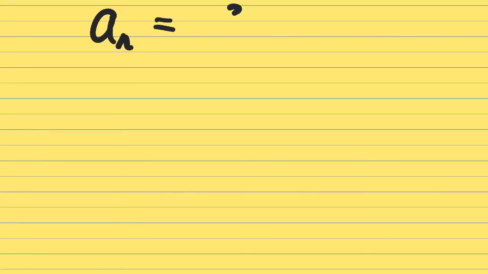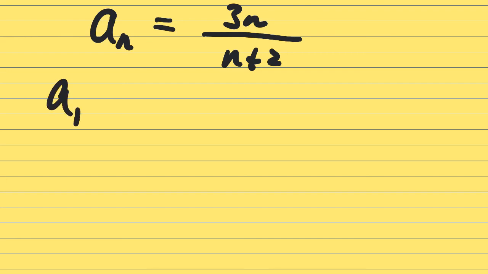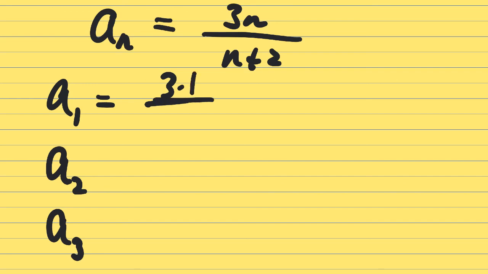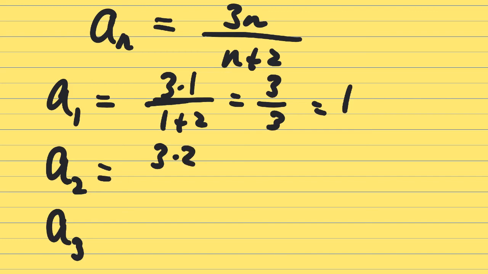Okay, so let's go back. Remember on that next to last slide how I said it's really not the official way to do it, but you can absolutely use intuition on here. Math is pretty intuitive. If you look at each term, I'm just going to look at the first 3. If you let n be 1, you have 3 times 1 over 1 plus 2. 3 over 3, which is 1. The second term, 3 times 2 over 2 plus 2.